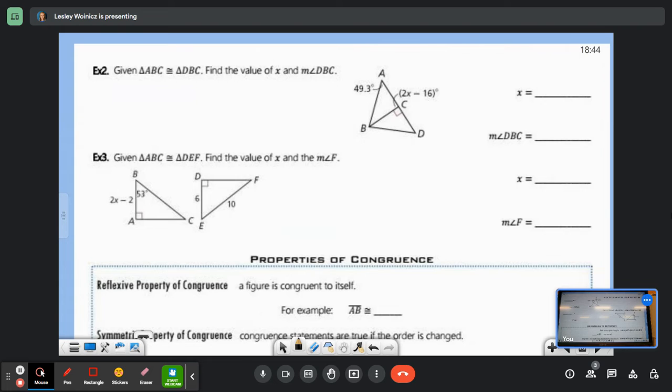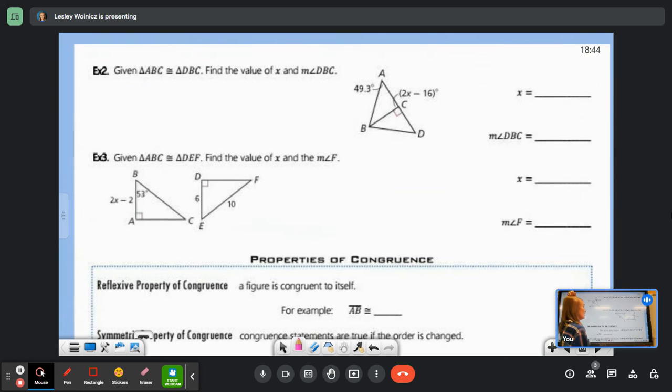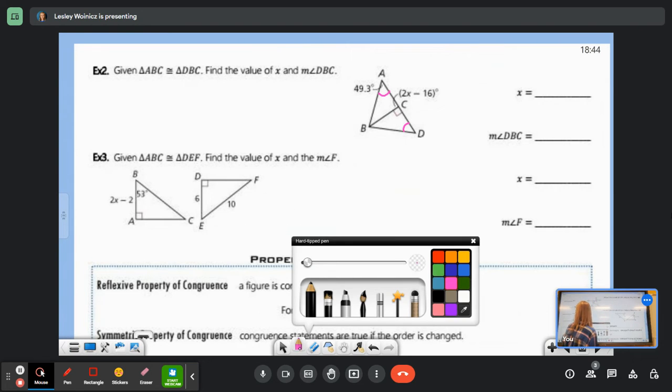All right. So we've got triangle ABC, and it's supposed to be congruent to triangle DBC. Now, the way that they are named tells us their corresponding parts. So notice that A and D are both first. That tells us that A and D, the angles, are congruent.